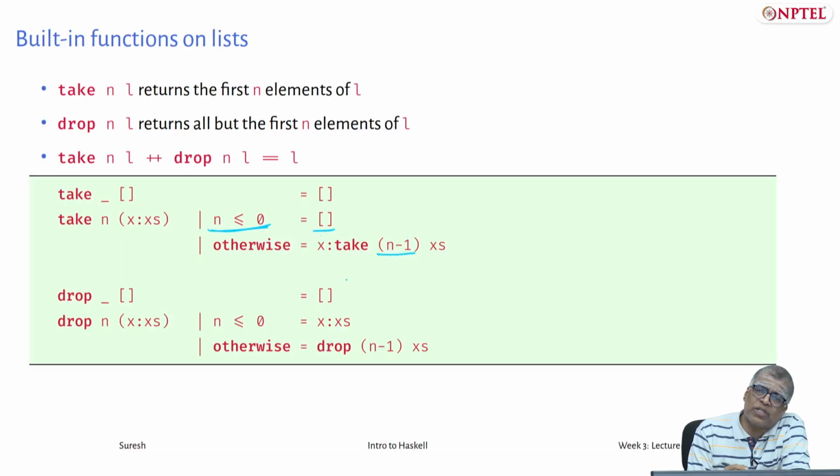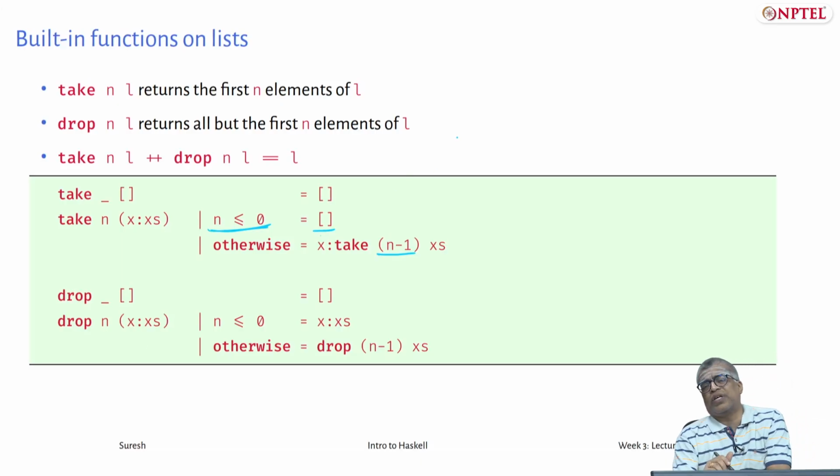And drop is very similar. Dropping any amount of elements from the empty list should give you the empty list. Drop n x colon x's: if n is less than or equal to 0, this is like saying omit the first n elements of the list, but you are not specifying any number of elements. You are specifying either 0 or some negative number, which means do not omit anything from the list.